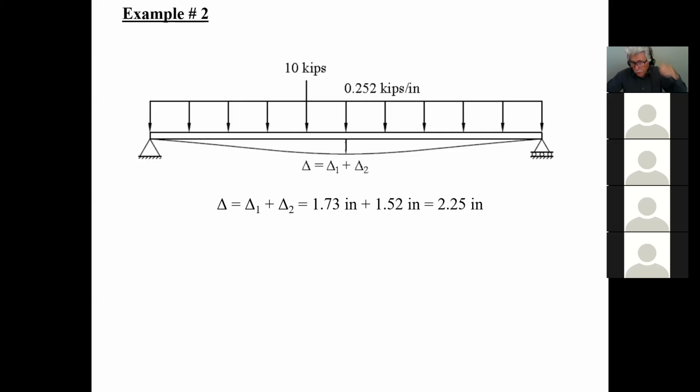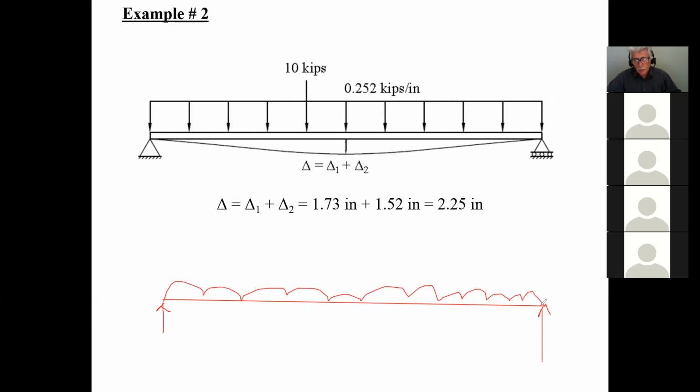So for example, let's say here's my beam. I have a uniformly distributed load across here, like this, and I have two concentrated loads. Fair enough?